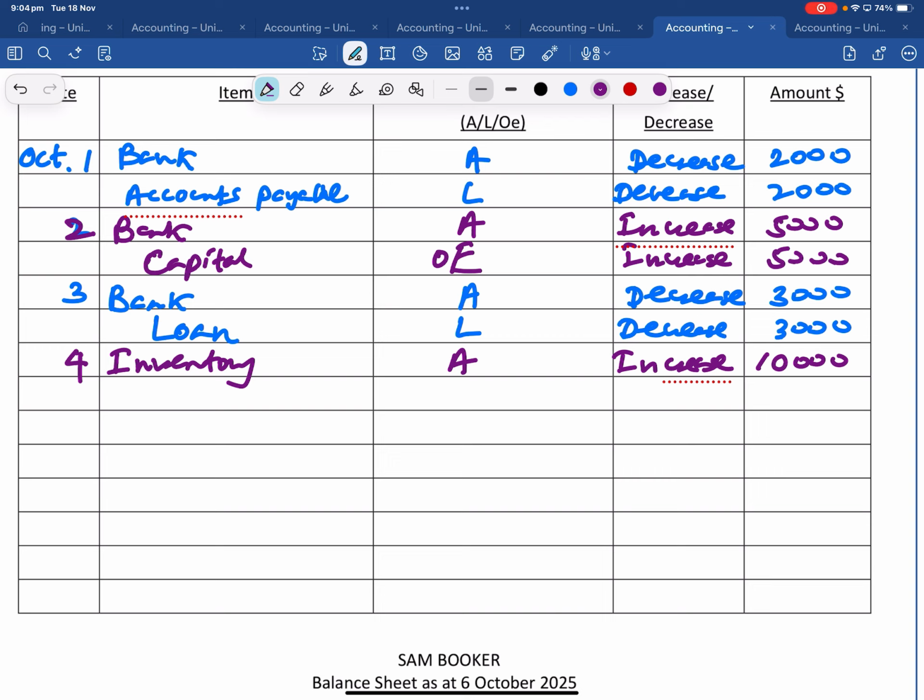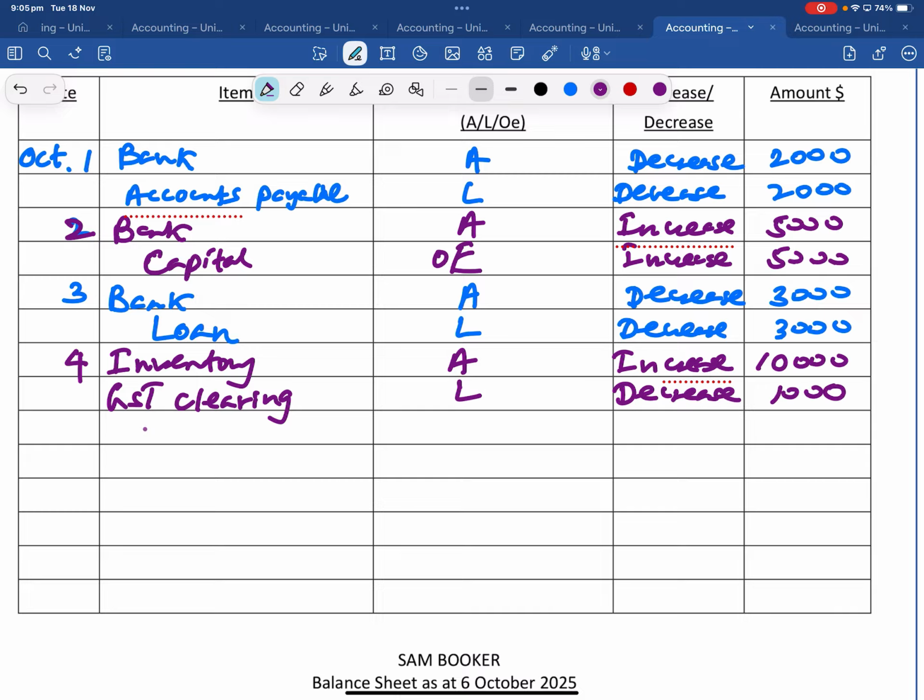And then what happens to GST? At this point we'll call it GST clearing, liability. What happens? Decrease 1,000.